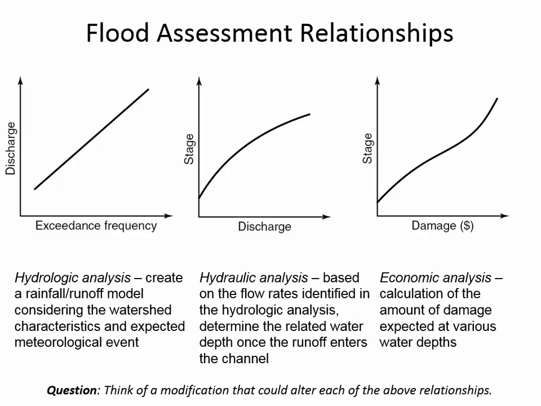So you can increase the velocity by making it smoother. Like if you put a concrete channel in, it's going to have a higher hydraulic efficiency than if the channel is lined with grass, because grass has a higher N value, Manning's roughness coefficient. So anything that's going to improve the hydraulic efficiency.